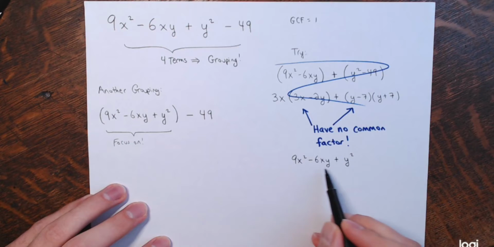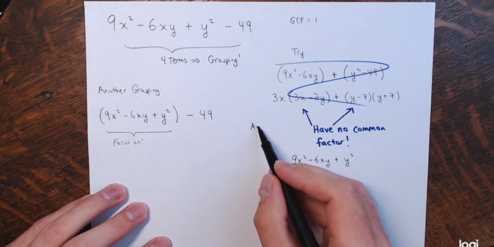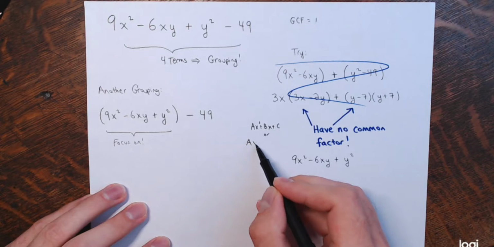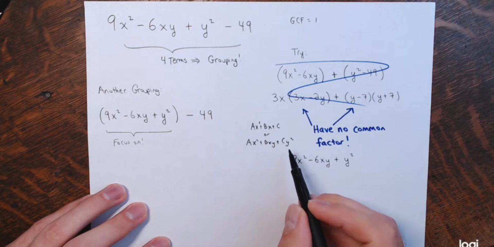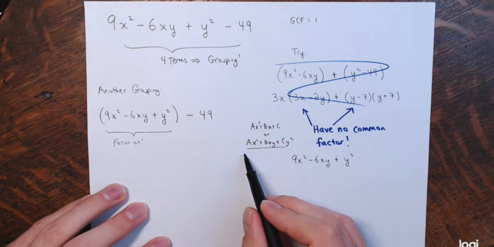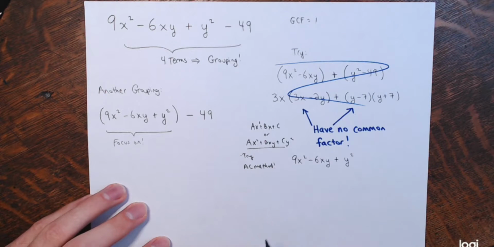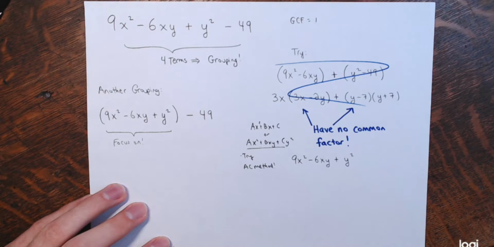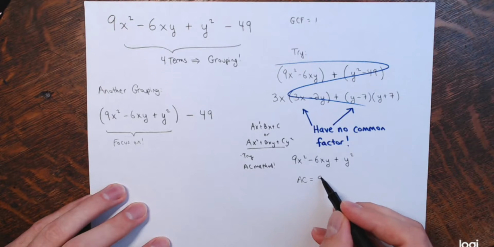Now, if you recall from section 6.4 part 1, I said anything of the form ax squared plus bx plus c, or ax squared plus bxy plus cy squared, with one variable or two variables, you could try the AC method to factor it. So I'm going to do that here. First I'll take a times c, that's 9 times 1, which is 9.